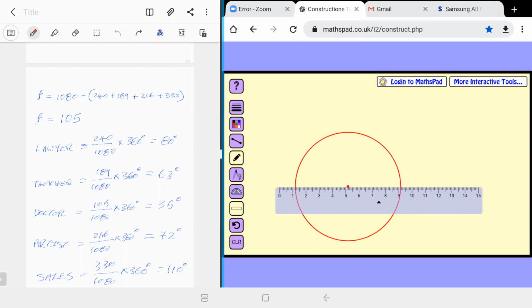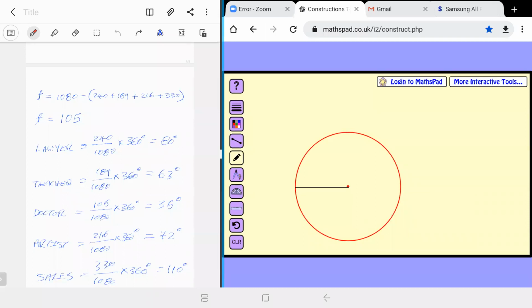So from the center, we draw one line against the ruler out to the circumference of the circle. And that's the start. Mute your mic, please. You have to do this accurately.